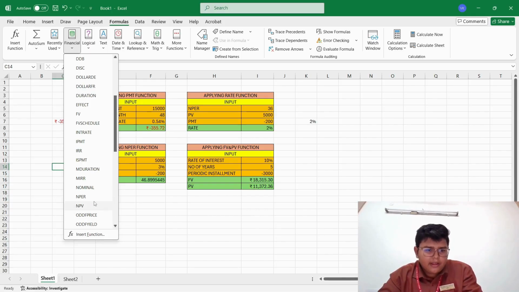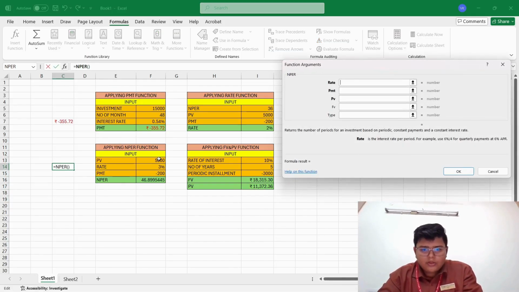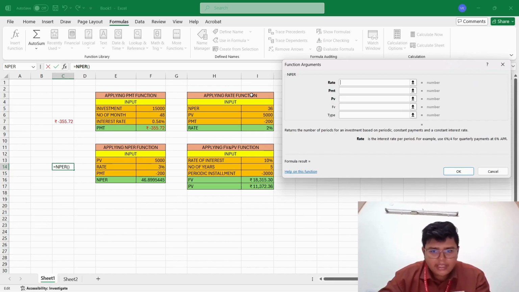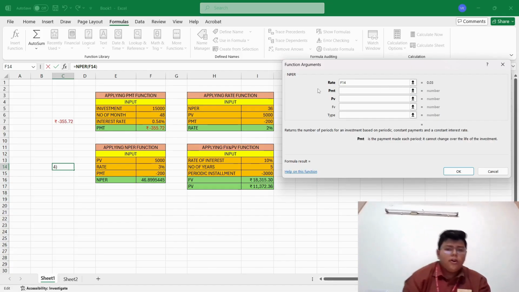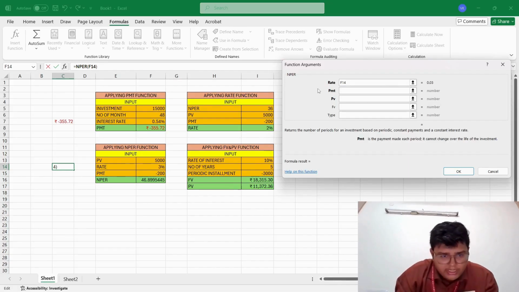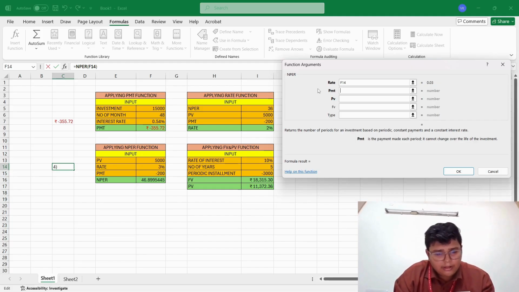Next, NPER. It is again asking for the rate, PMT, and PV. First we give the rate, 3%, by selecting the cells. When we change other values, the answer will also change. Otherwise, if we enter only the numbers, the answer will not change.